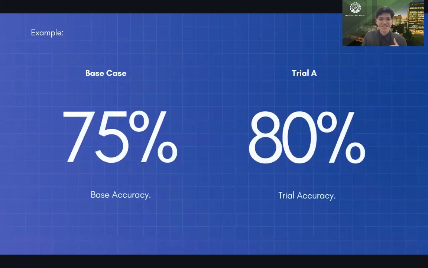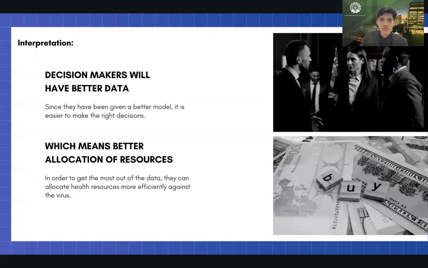Here we have the base case, and this is just an example. We have 75% for the base accuracy, and for trial A, we have 80% for the trial accuracy. Since trial A has a higher accuracy, we choose trial A. In interpreting the data, since trial A has better accuracy, decision makers such as policymakers, policy elites, and the government will have better data.